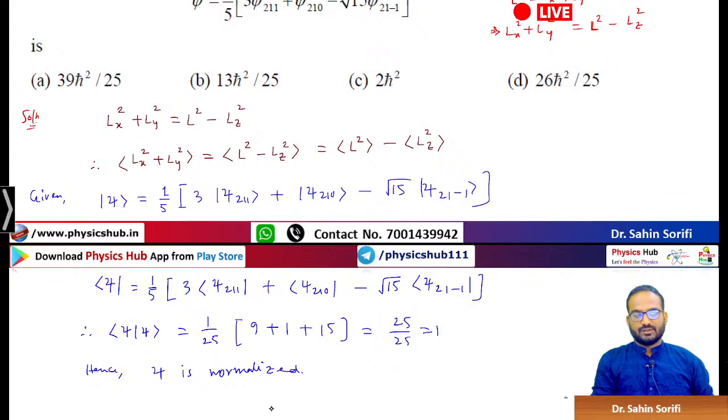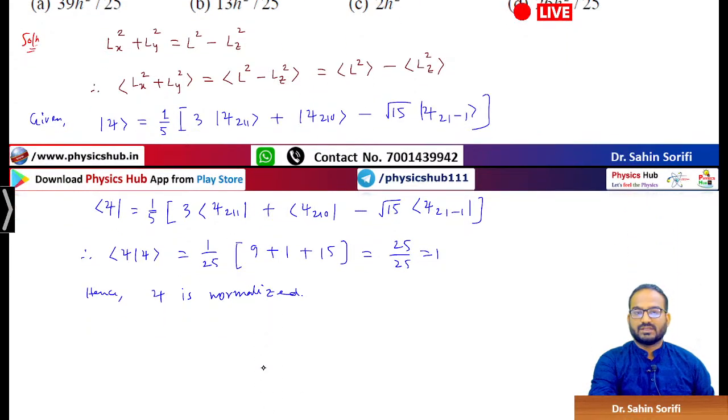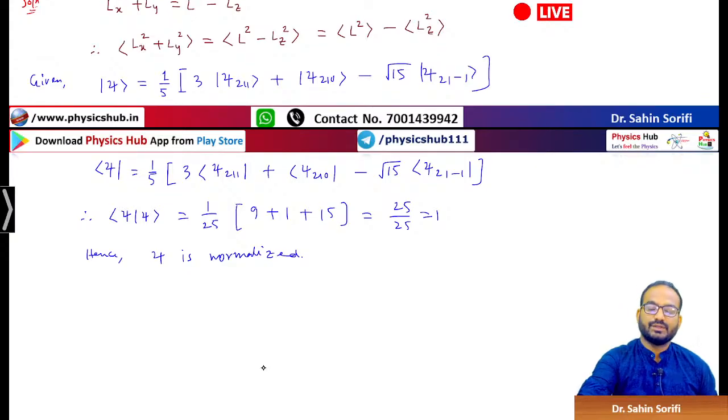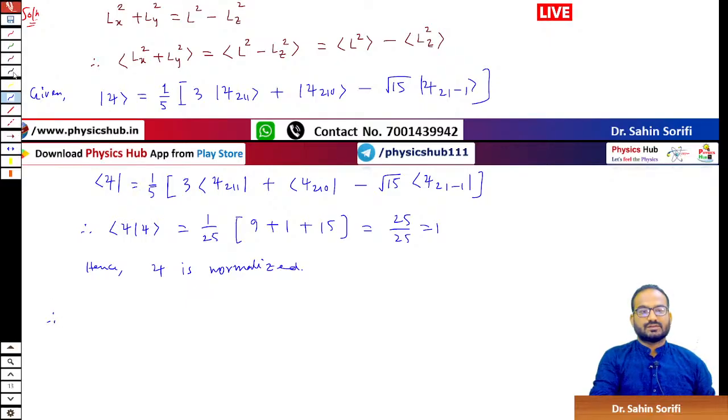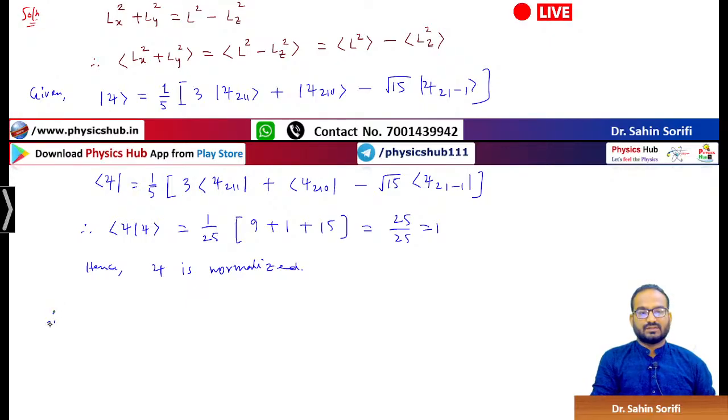Okay. So if psi is normalized, when we calculate the expectation value, we don't need to divide by psi psi, because psi psi is already 1, right? So you see, let us try to find out the expectation value of L square. We need to find the expectation value of L square and Lz square, then we'll just subtract. So the expectation value of L square is psi L square psi divided by psi psi.